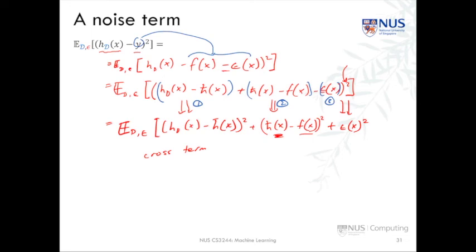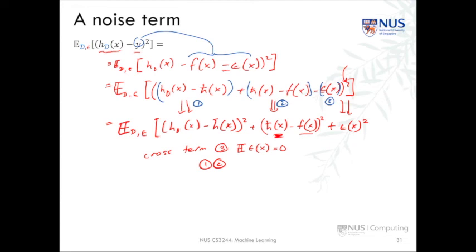All of the cross terms with 3 are going to go away, because the expectation of epsilon being centered at 0 is equal to 0. We're going to cross term with 1 and 2.